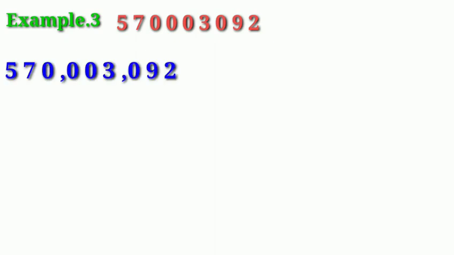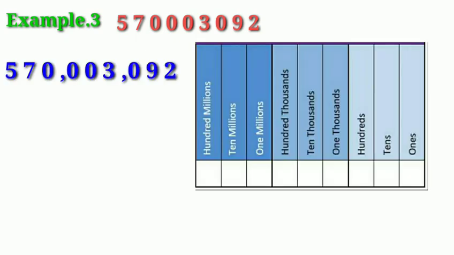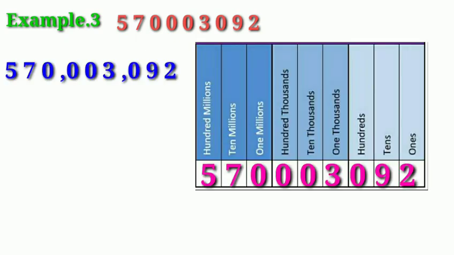570,003,092. Take this number into place value chart. What are you getting? In millions place 570. That means 570 million.